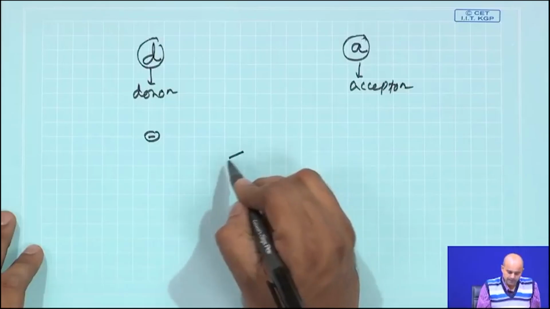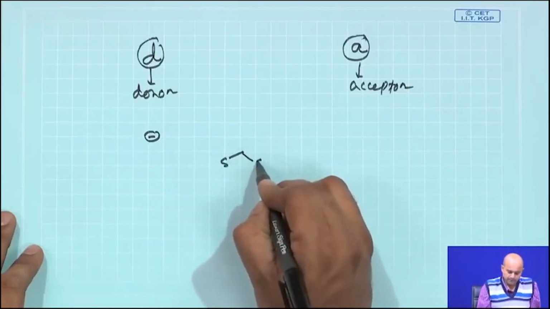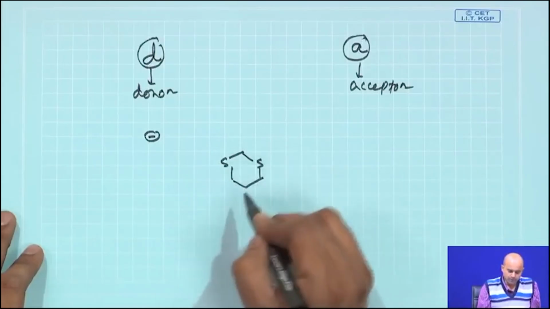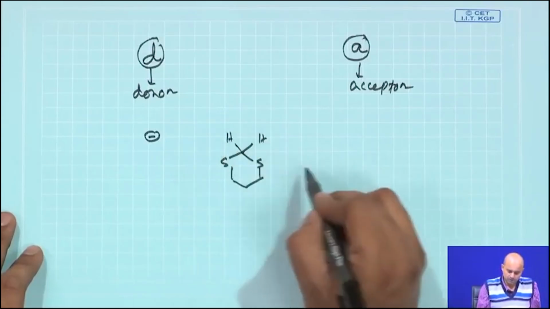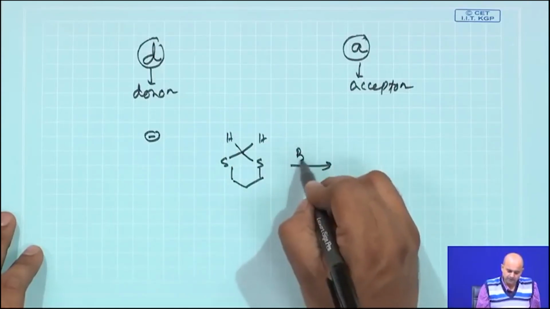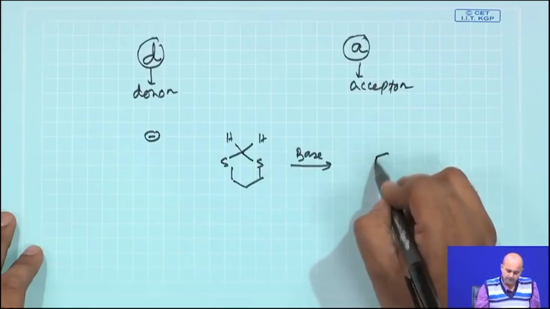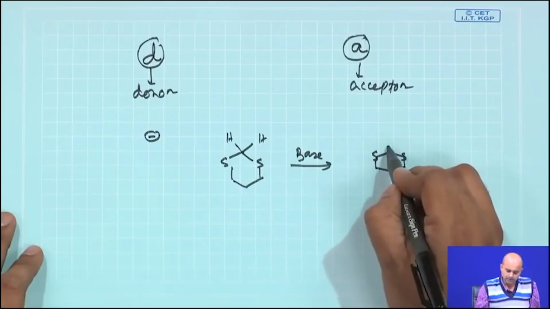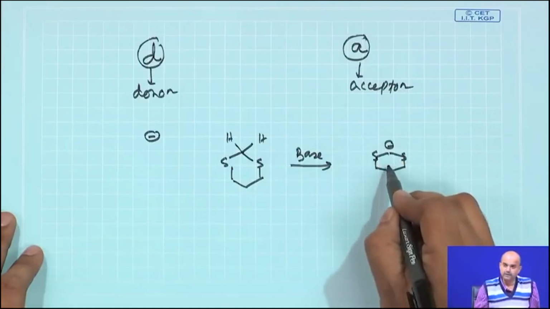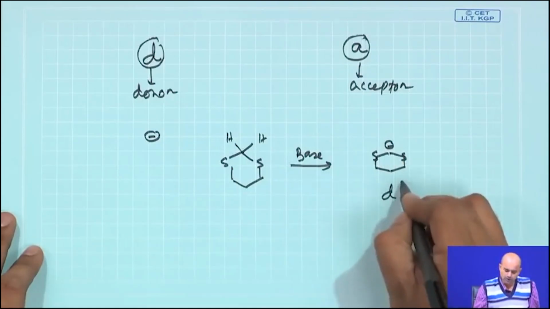Now, in that category, your formyl anion, 1,3-dithiane, when you react with base, it gives you a carbanion, this minus. Now, this minus is nothing but a D1 species.